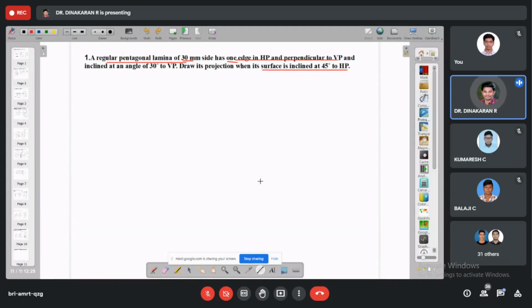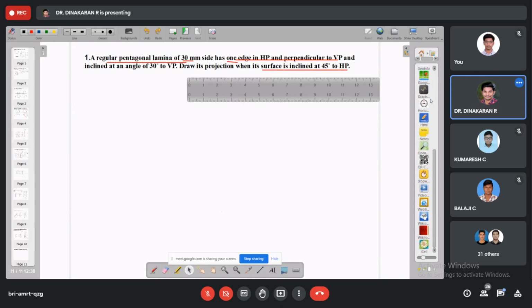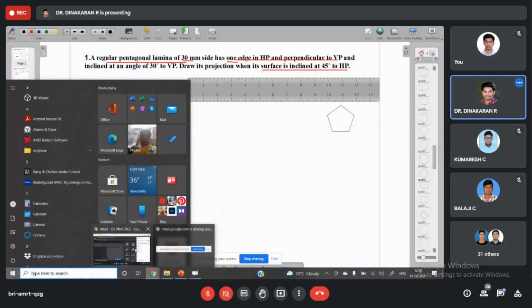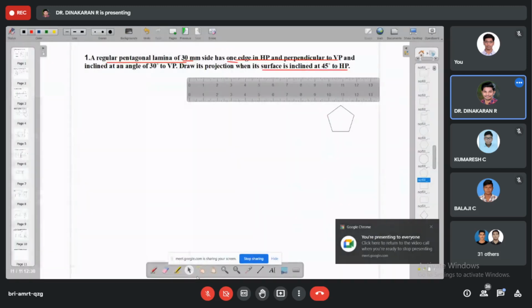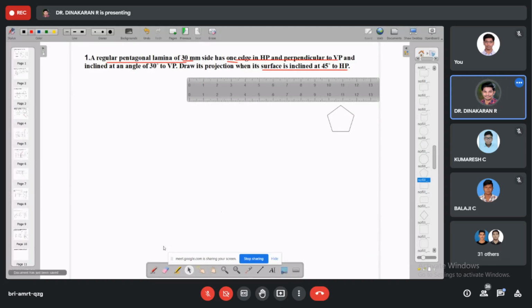The lamina has a pentagonal geometry, the side dimension is given, the edge is given, where it is resting is given, and the surface inclination and final inclination are also given. How to solve this problem?